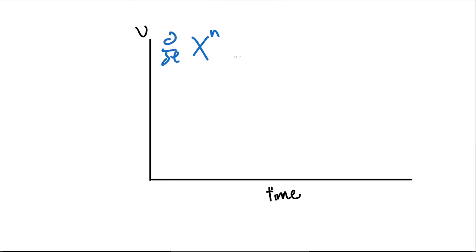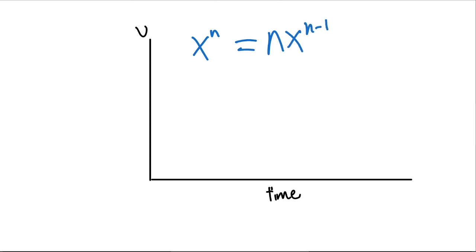So our derivative of x to the power of n, which is to say the function of the slope at any point in time, is going to be equal to n times x to the power of n minus 1.